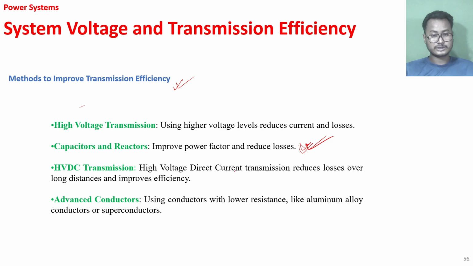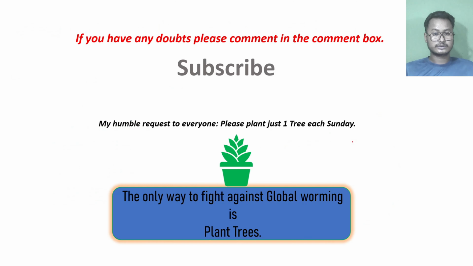HVDC transmission, high voltage direct current transmission, reduces loss over long distance and improves efficiency. And advanced conductors, using conductors with lower resistance like aluminum alloy conductors. They have lower resistance compared to other conductors. So these can be the methods to improve transmission efficiency or to reduce loss.